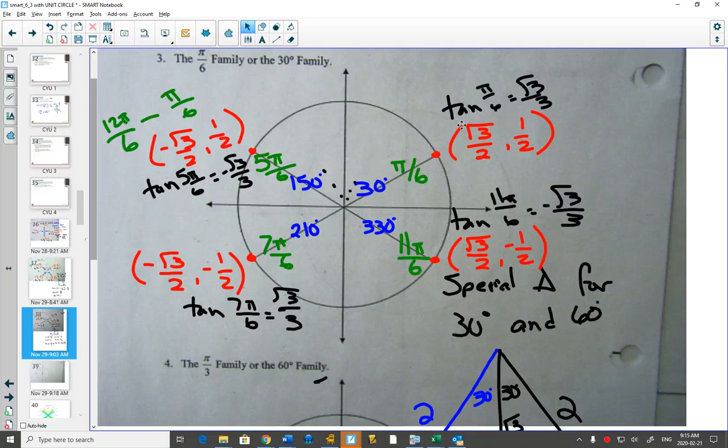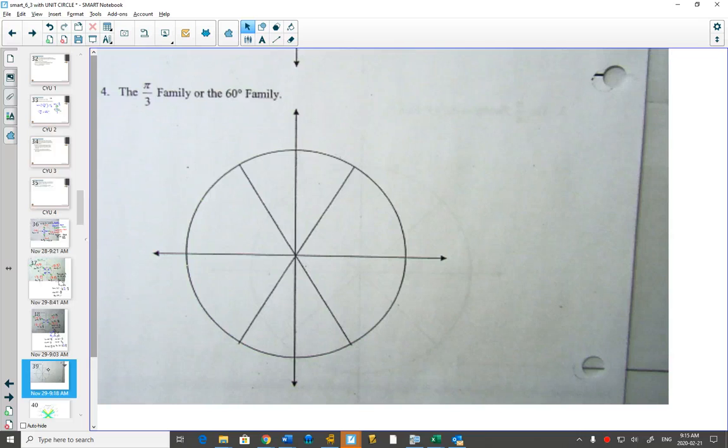All right, one last family. 60-degree family. We've got our degrees, 60 degrees here, our radians, pi over 3. A minute head start for the degrees and the radians.